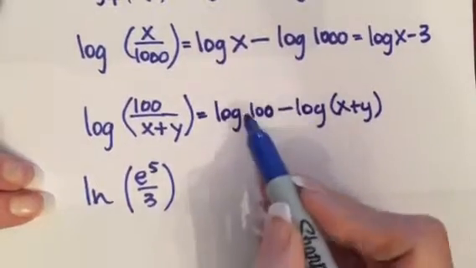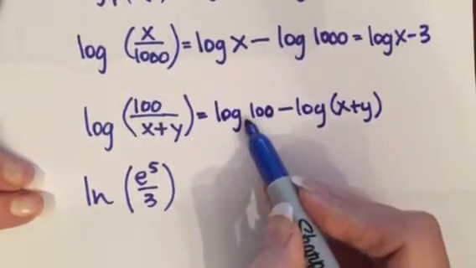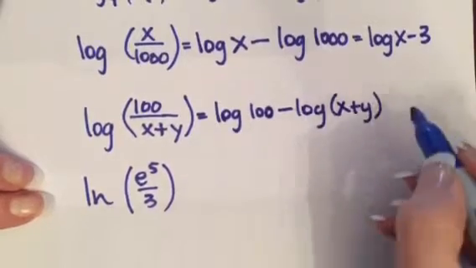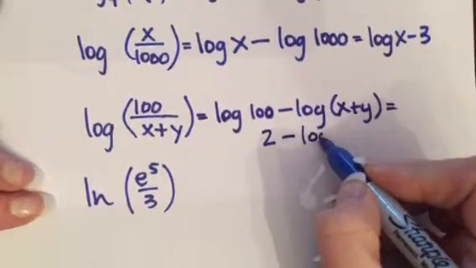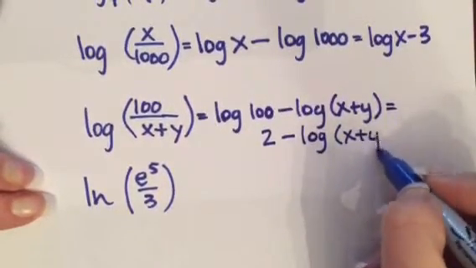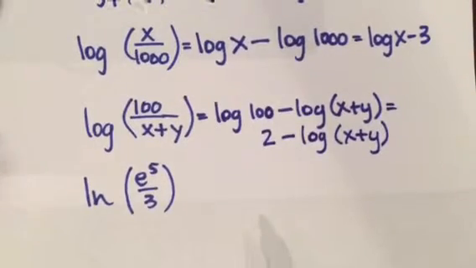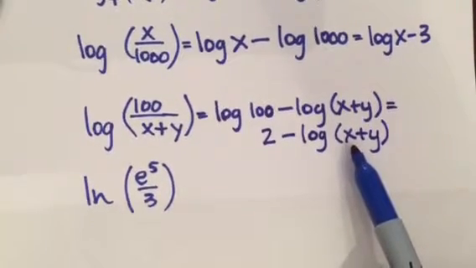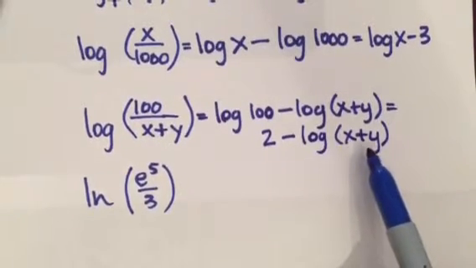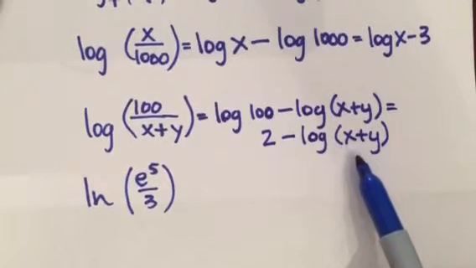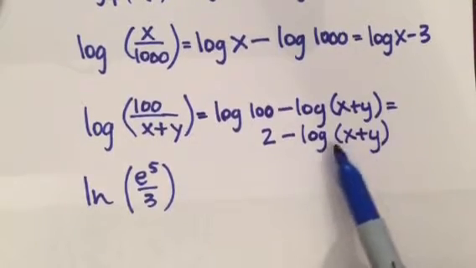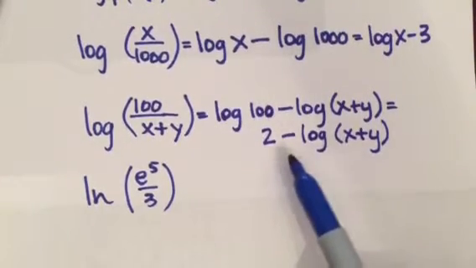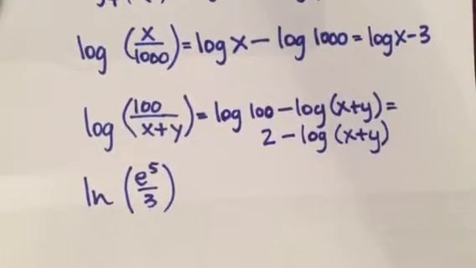Okay, so recognizing that 100 is a power of our invisible base of 10, this simplifies to 2 minus log of x plus y. And it is very tempting to want to break this apart into two separate logs. But recall that we have already talked about the product rule, where we can break apart a product. We cannot break apart a sum. So it's very important that we leave this alone. We do not try to break this apart. And this is as far as this one can go.